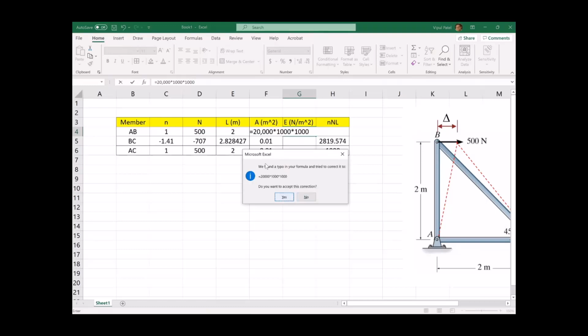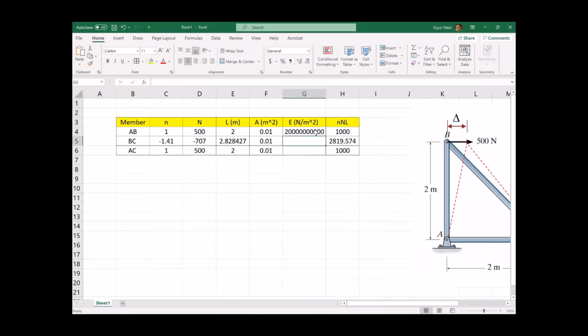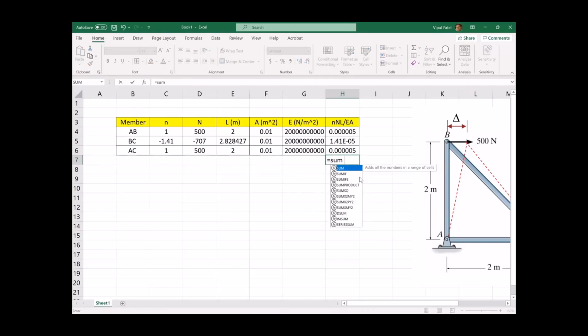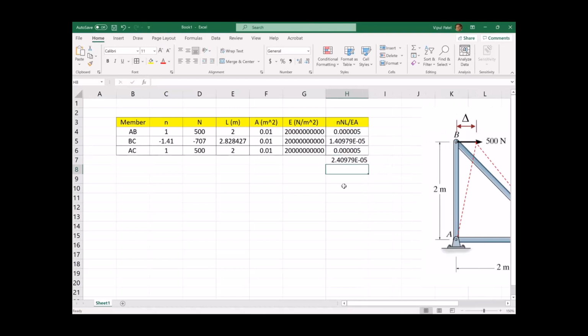What happens here? Okay, that's all good. And this Newton millimeters divided by EA, so we just need to divide it by this area times EA, so you will get this, and then sum. I think we just screwed up some of these units.